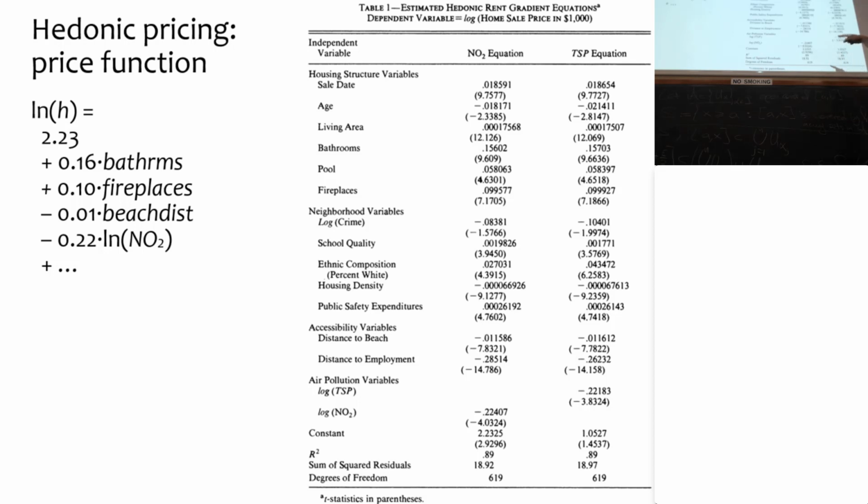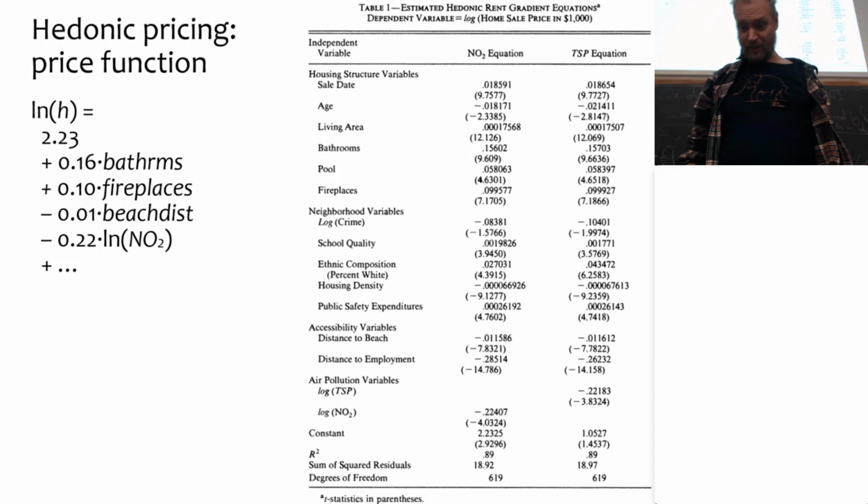So now you know the relationship between the sale price of the house and the environmental quality, the air quality, and then you can sort of ask, what would the price of the house be if this were close to zero? Or if it were to double, what would change? And then you have your changes along the demand curve, and you have your consumer surplus, right?